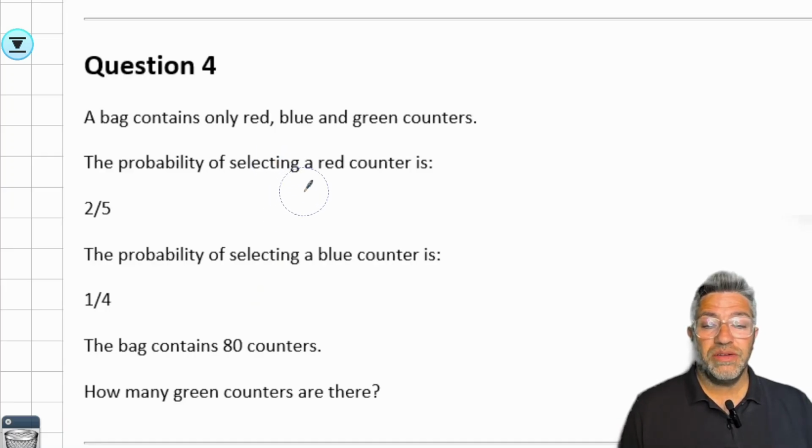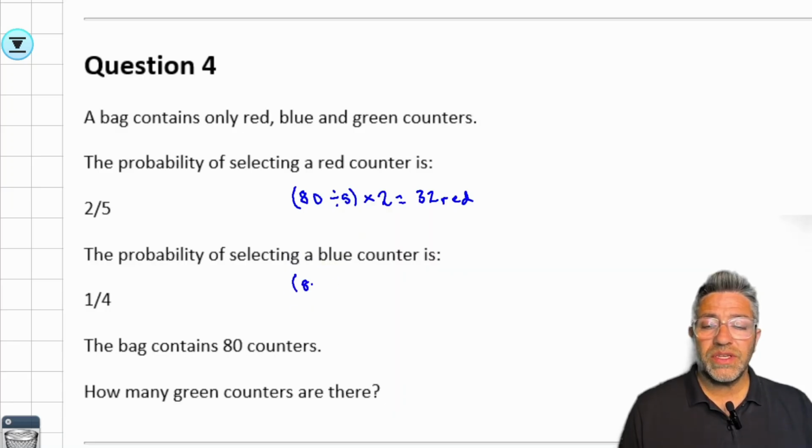On this occasion, I actually think it's just as quick to find out 2/5 of 80. In other words, how many red counters are there? 80 divided by 5 gives us 16. 16 times 2, so that will give us 32 red.